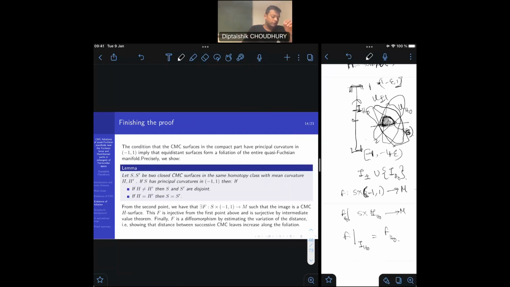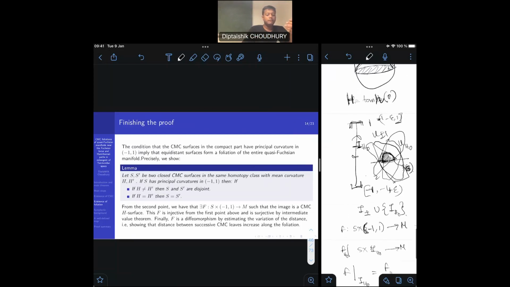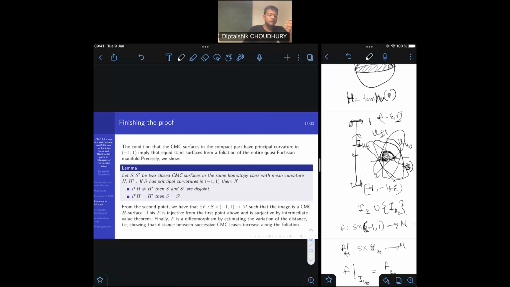And we also get the surjectivity part from the intermediate value theorem, as you already have that the foliation exists for the ends. So if it's taking values near 1 and minus 1 and it's a continuous map, then it would take a value in between for all. And then you check that this F is a diffeomorphism by showing that the derivative of F as you move along the normal to this CMC H surface is a non-vanishing function.